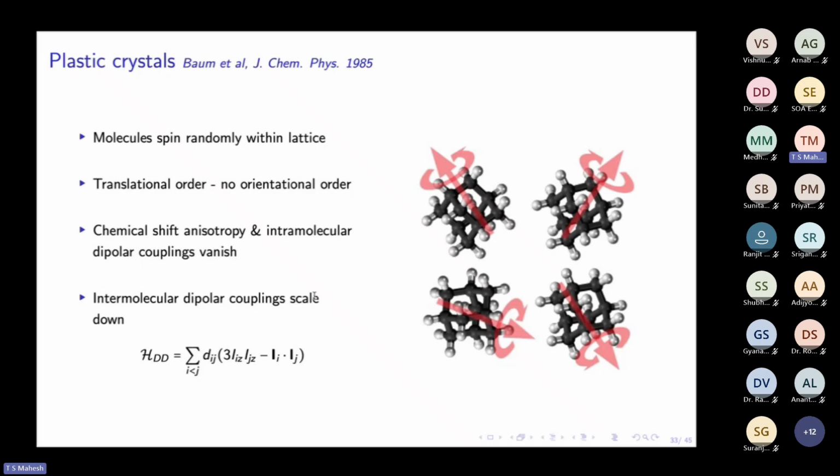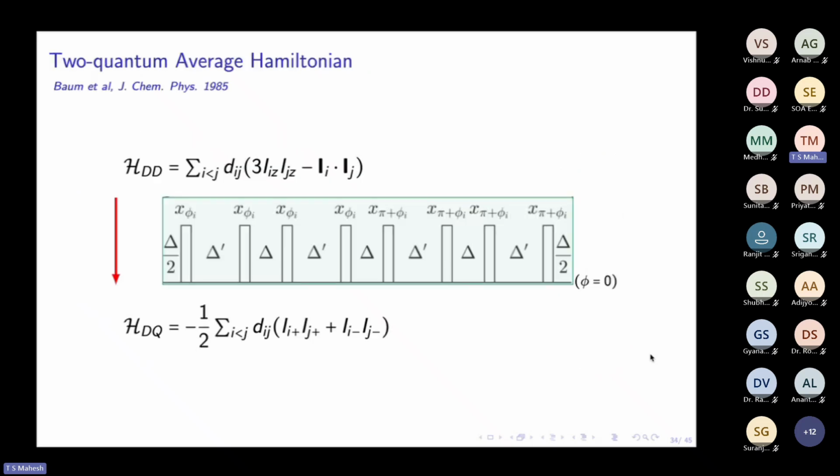That is very convenient, and quite popular in the NMR field, because they have long coherence times. They are very interesting systems because they have a large number of spins and still have large coherence times. And using that, many interesting studies have been made.